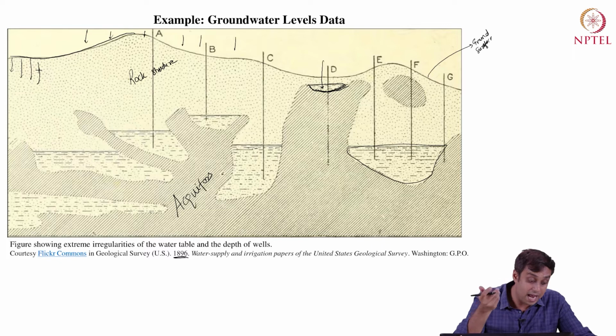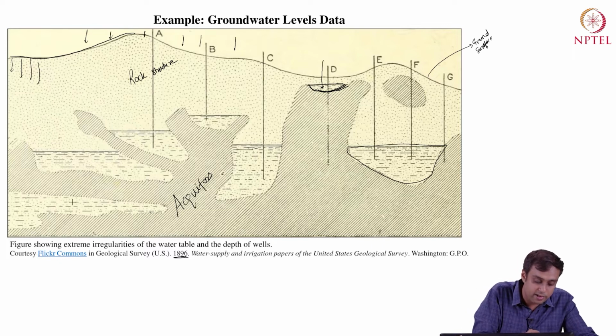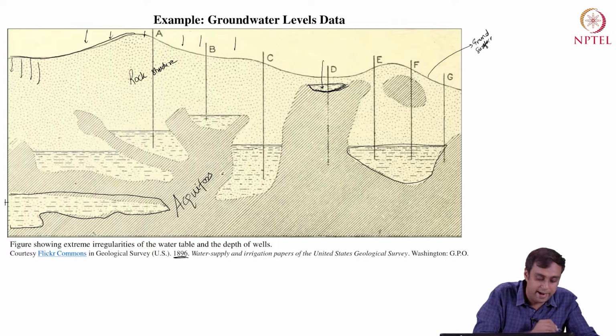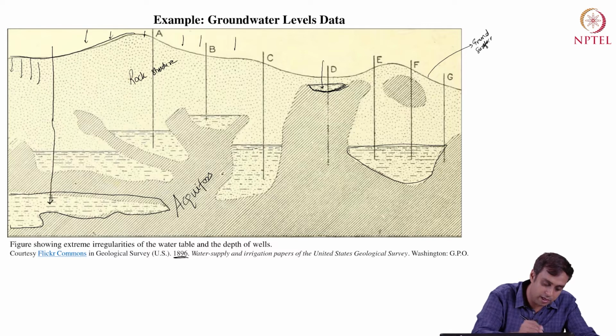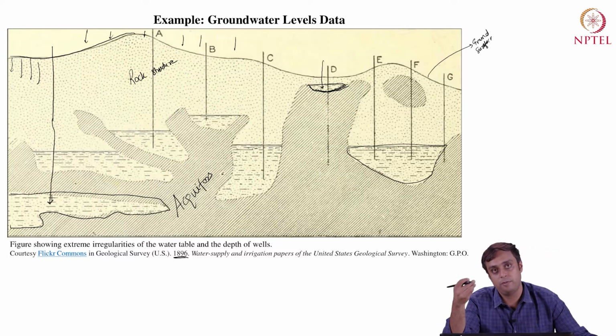At times, aquifers are also such that water exists between hard rocks. So this tub here is a domain by itself. If you were to draw water from here, you would have to really dig down deep, until here, to be able to draw water from here.